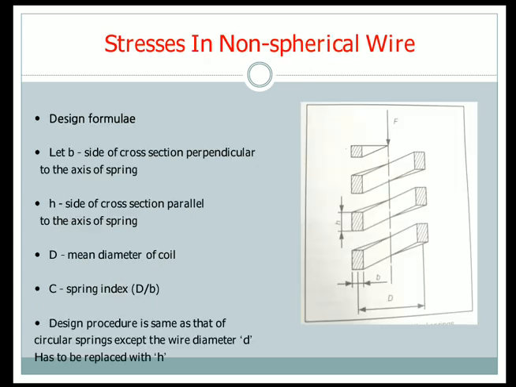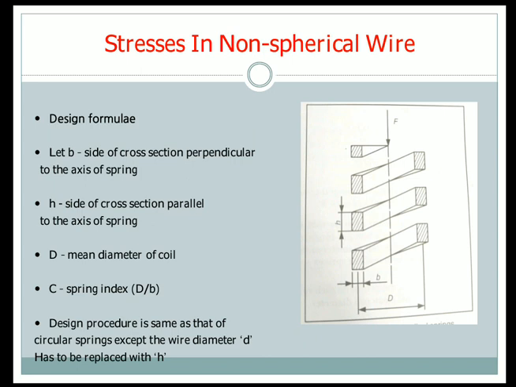Now we shall see the design principles in non-circular spring wires. Let b be the side of the cross section which is perpendicular to the axis of the spring. If the axis of the spring is vertical, then the dimension b is in the direction perpendicular to the axis, as we can clearly see in the figure.